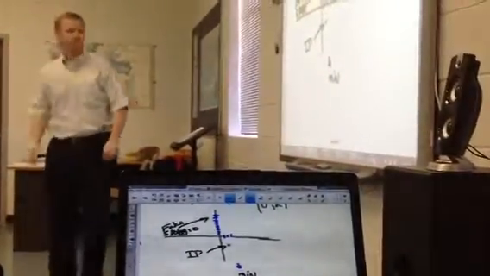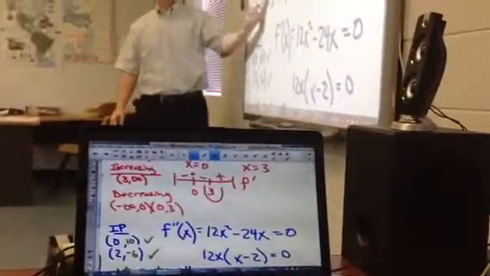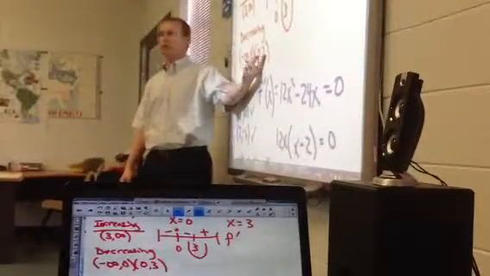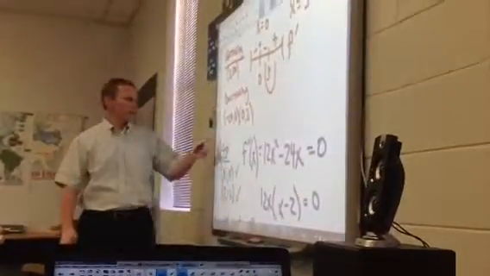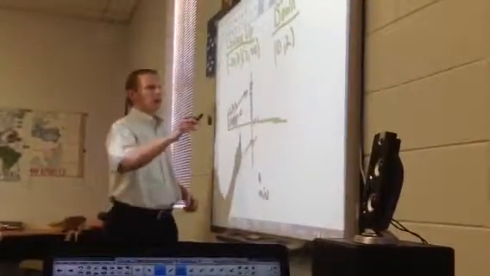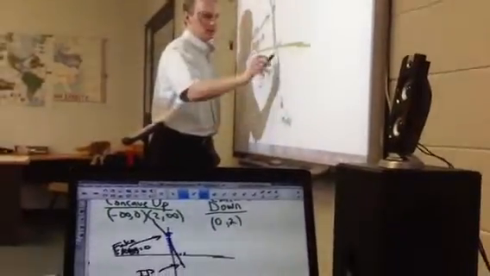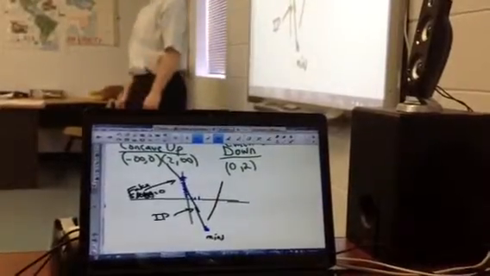Now we also know this: we are decreasing from negative infinity to 0, decreasing from 0 to 3, and increasing from 3 to infinity. So I'm going to draw this, but then I'm going to erase it. We're going to be going downhill, downhill, and then uphill. That's the decreasing, increasing thing.